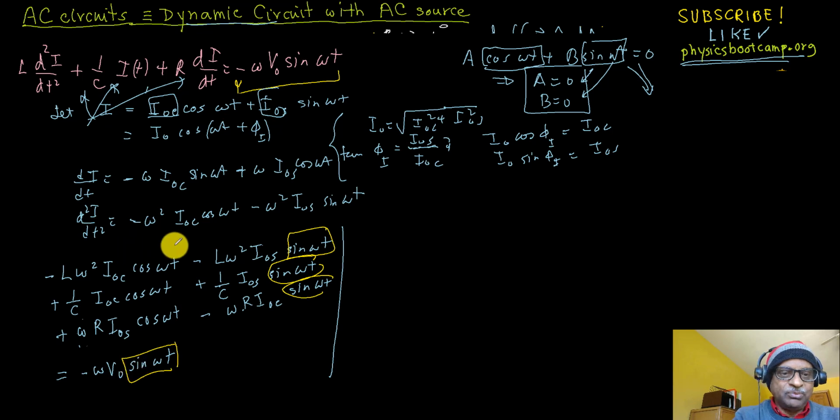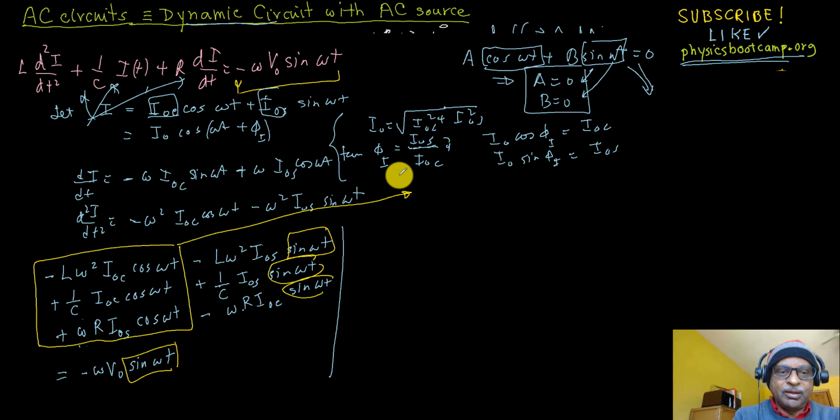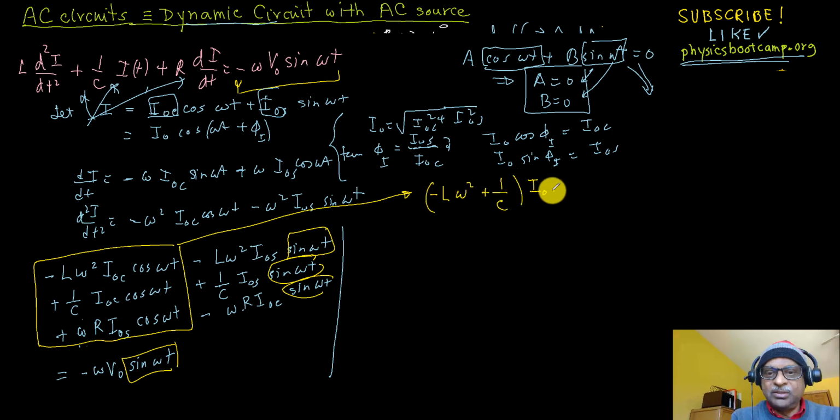So from these guys, I'm just going to get minus L omega squared plus 1 over C times I0c plus omega R I0s equal to 0.